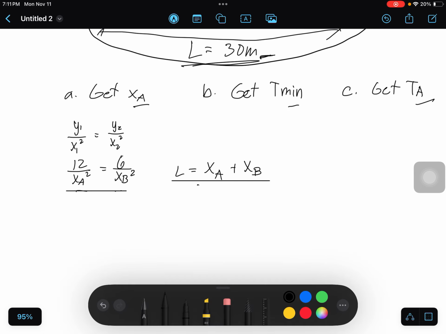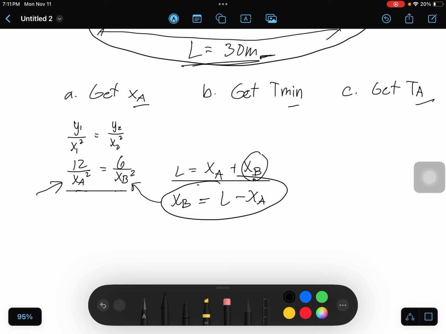So, let's isolate this para in terms of XA itong equation na to. Pag sinubstitute natin to, XB will be equal to L minus XA. Then, ito, gamitin natin pang substitute dito. So, yung equation na to are all in terms of XA. XA squared equals, ano yung XB natin? L minus XA.